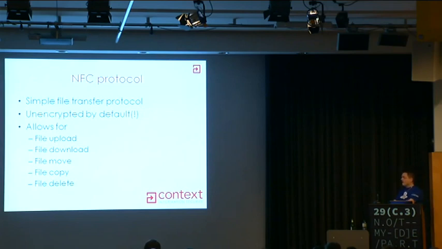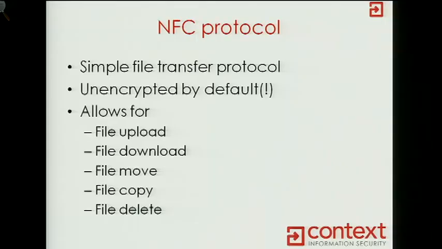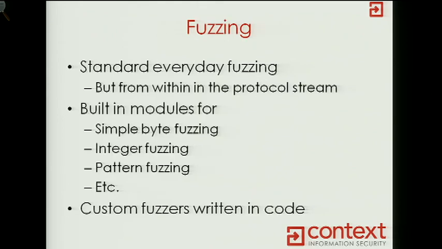So we'll go back to the NFC protocol. And it is a simple file transfer protocol. It is unencrypted by default, and it allows file upload, file download, all that sort of good stuff. Because there's a bit of complexity in parsing this, it seemed a reasonable place to go looking for something to fuzz.